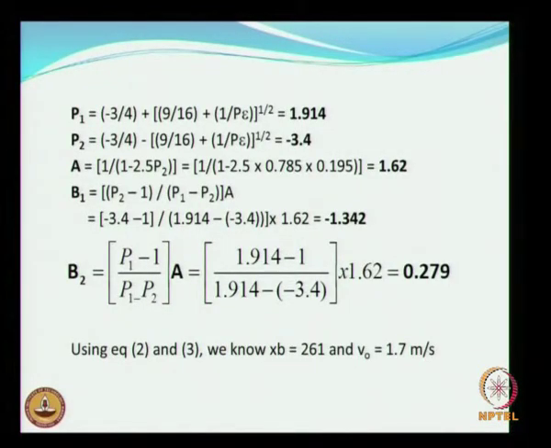Once you have P and epsilon, then P1 will be equal to that expression, which is going to give you 1.914, and P2 is going to be minus 3.4. Once you calculate P2 you can calculate capital A, which is going to be 1.62, and then you will get your b1 and b2.